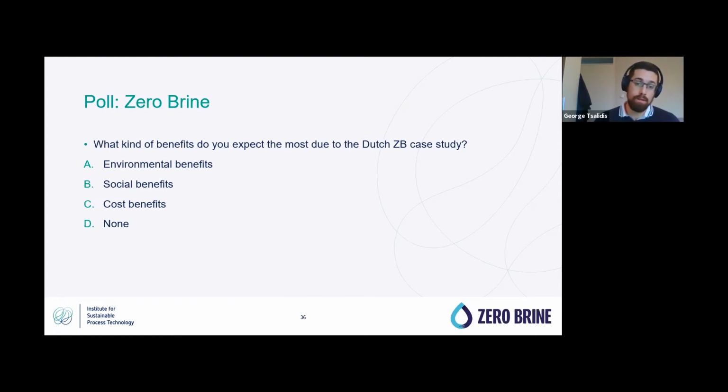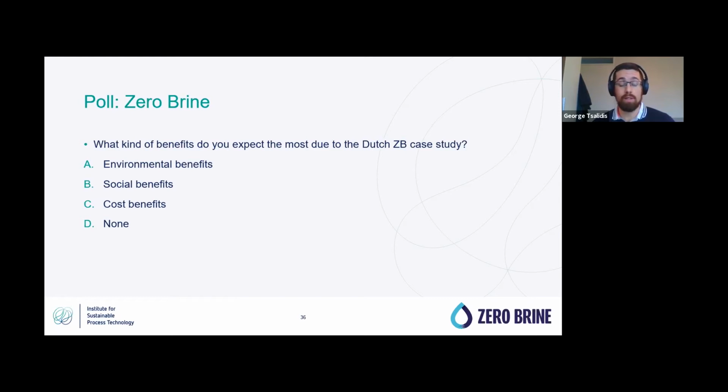So you mostly replied, 70%, that environmental benefits are to be foreseen, but also cost benefits. This is true. The environmental benefits, which I'll also show later, are mainly due to the expected toxicity.